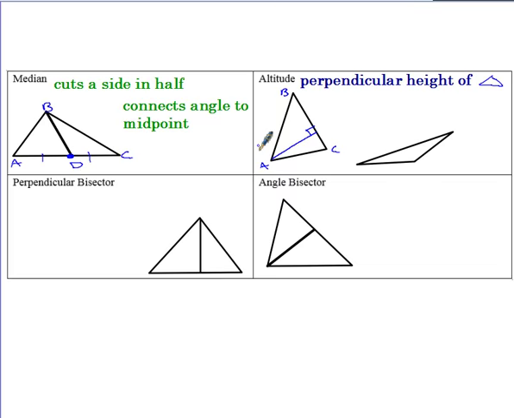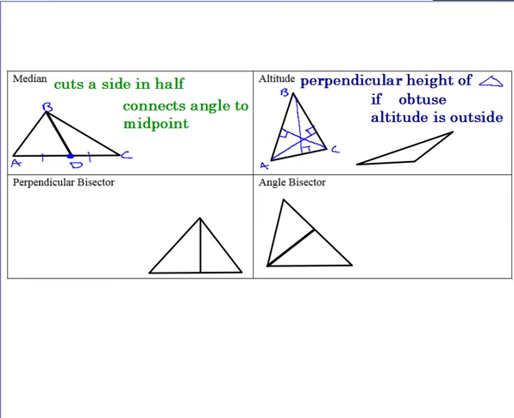So it has to be perpendicular, it has to meet at a 90-degree angle. Every triangle, so kind of going back to medians as well, every triangle has three medians. Every triangle also has three altitudes. So I drew an altitude from angle A. I could also draw an altitude from angle B, and I could also draw one from angle C. But they all have to meet at that 90 degrees.